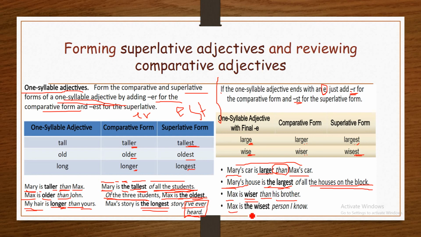Max is the wisest person I know. You know more than one person. You might know hundreds of people, but Max is the wisest. It is a superlative adjective.